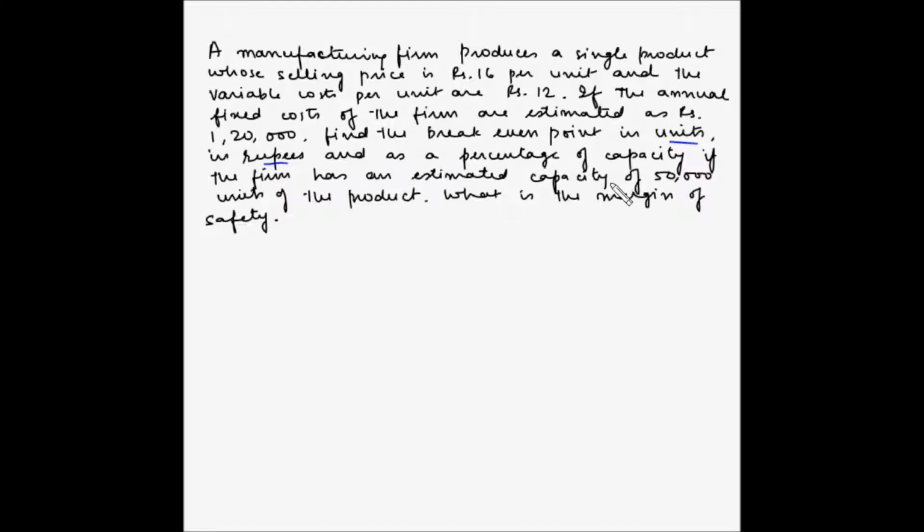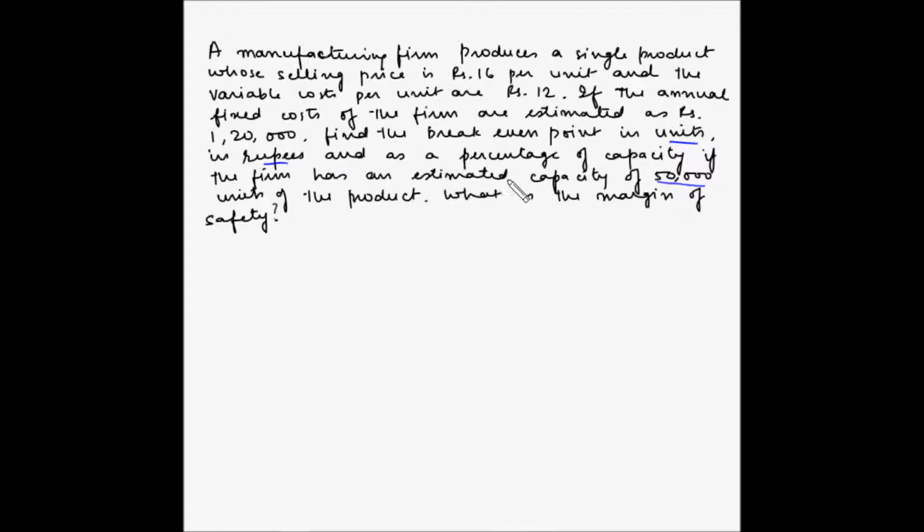And we have also been given that the total capacity of this firm is 50,000 units per annum. Also, we have to find out the margin of safety. So lots of things to be found out.